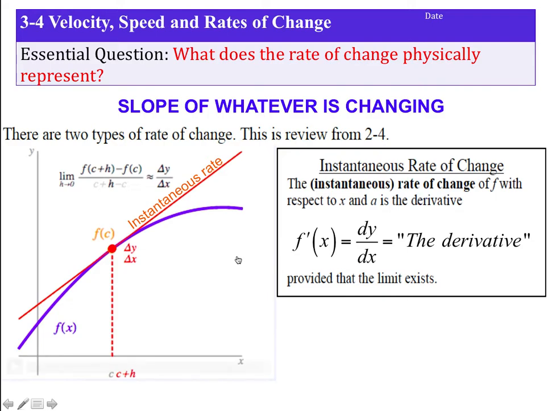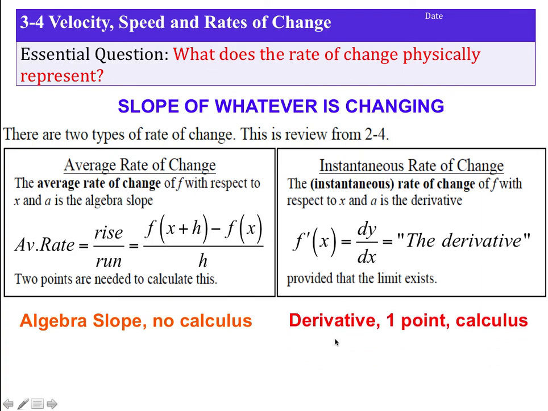That's the slope at a single point here. And so now we have these two different types of rates. One involves calculus and one doesn't. Our instantaneous rate of change involves calculus. That's our derivative. That's the steepness of our curve. And the average rate does not.